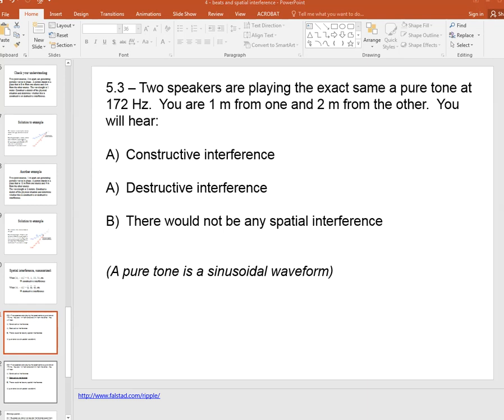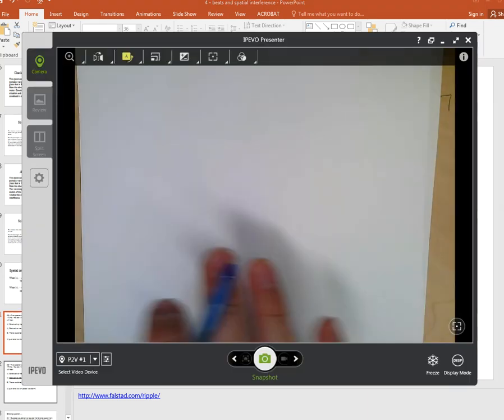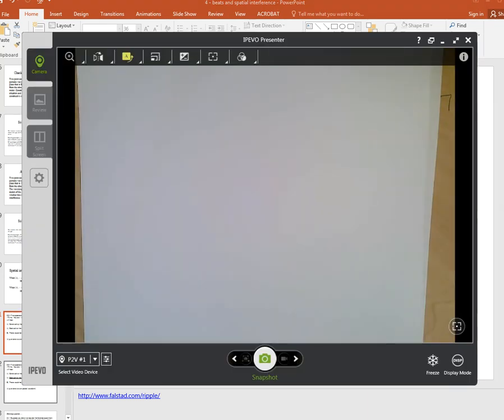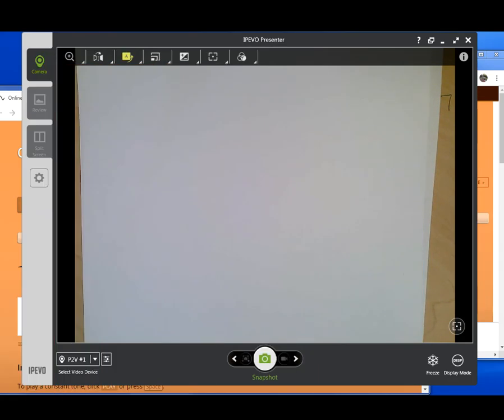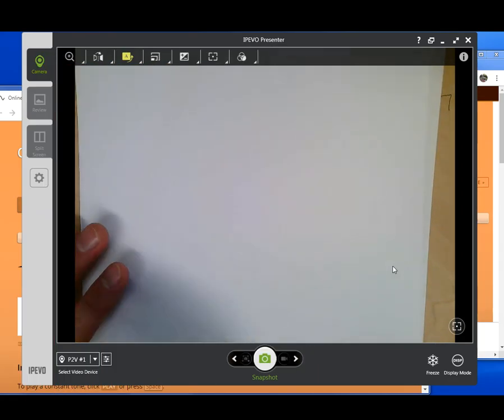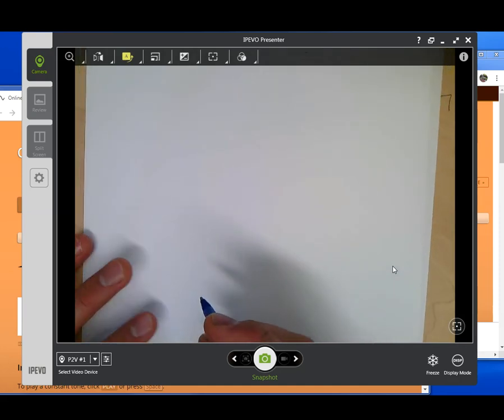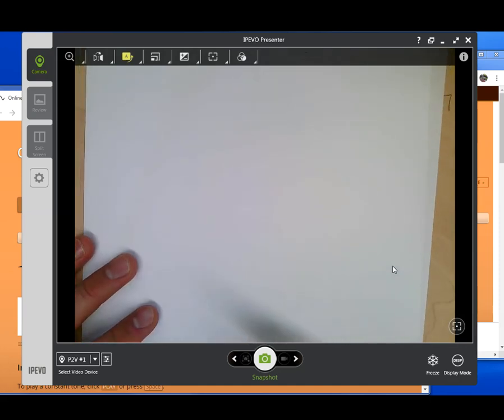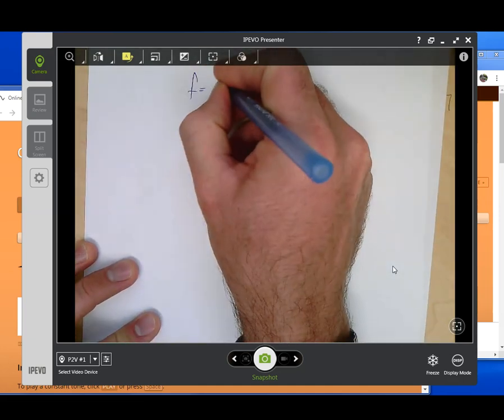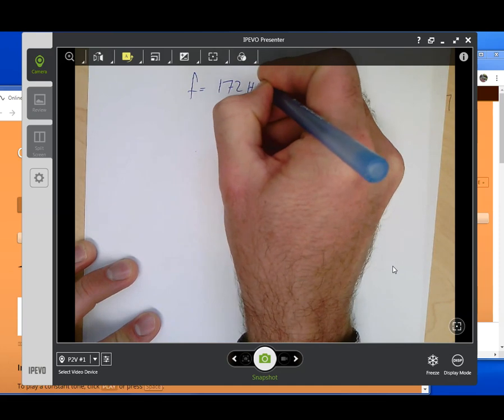Okay, so let's go to the dot cam here. I've got to actually be looking at this at the same time as I talk to you. All right, so we have 2 speakers that are playing the same tone. Now, you might be thinking, wait a second, I thought we had to have a wavelength here, but we were given a frequency, right? 172 hertz was our frequency.